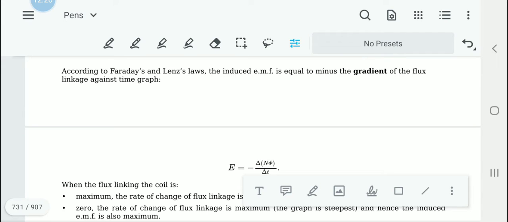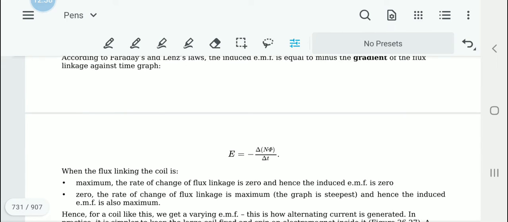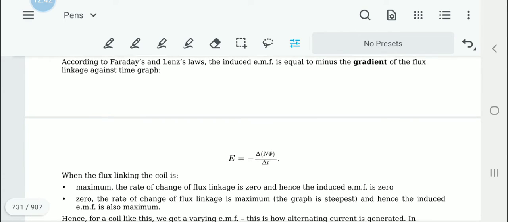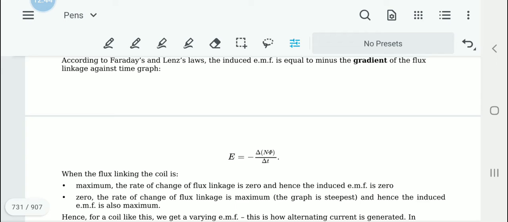Then write down, according to Faraday's and Lenz's laws, the induced EMF is equal to the minus gradient of the flux linkage against time graph.